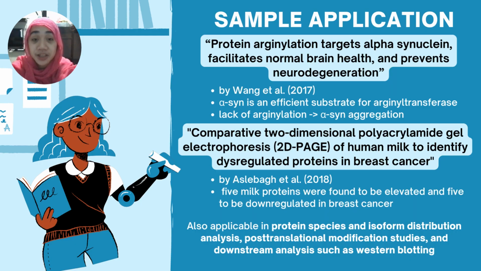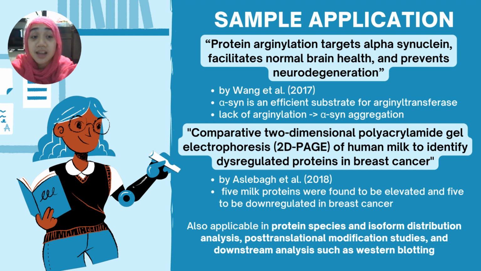Sample application. Alpha-synuclein in neurodegeneration was the topic of Wang et al.'s investigation in their paper entitled Protein Arginylation Targets Alpha-synuclein, Facilitates Normal Brain Health, and Prevents Neurodegeneration. It was discovered that alpha-synuclein is an efficient substrate for arginyl transferase and is arginylated in vivo.